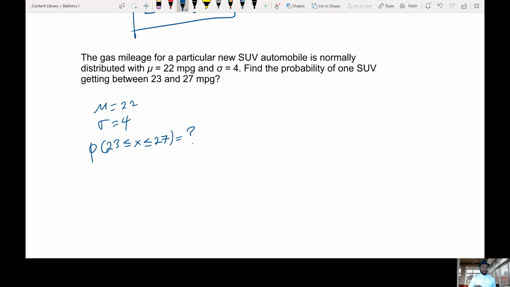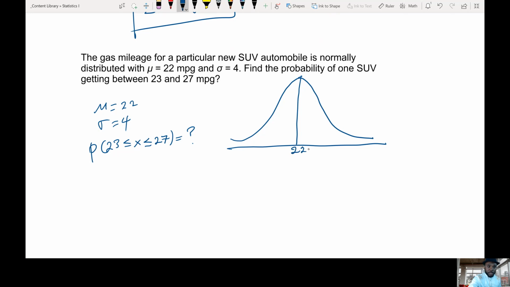So that means that if we have a normal distribution that looks like this, the mean given in the question is 22. But what we're interested in finding, so let's say this is 22, 23, 24, 25, 26, 27. So what we're interested in is finding this area. That's our probability of interest.